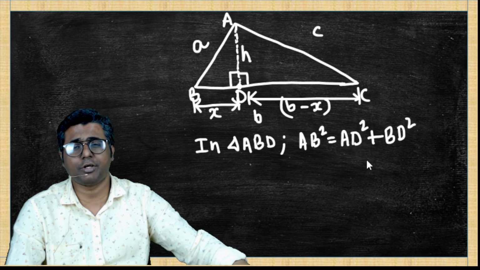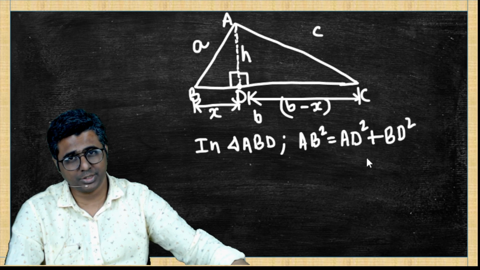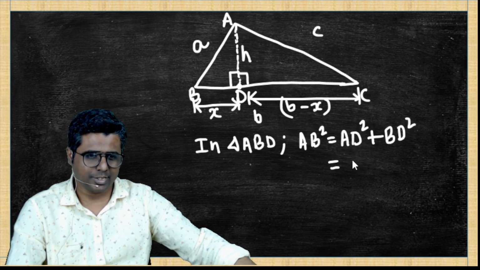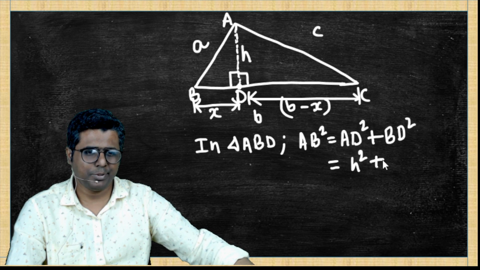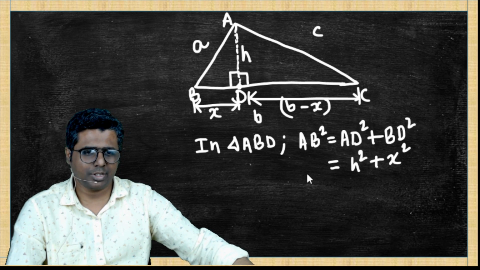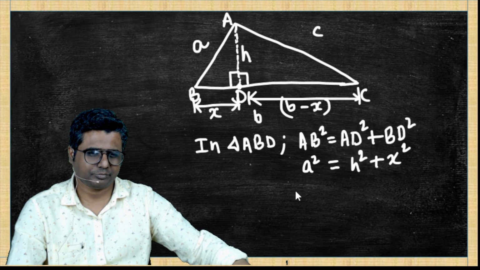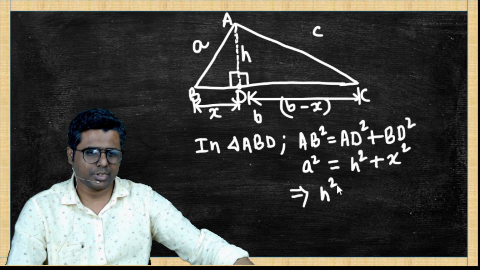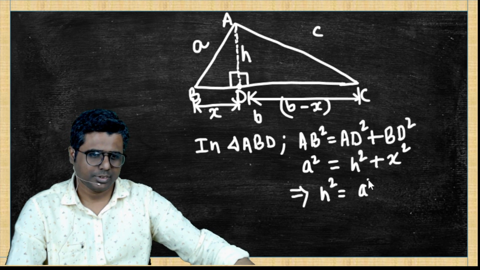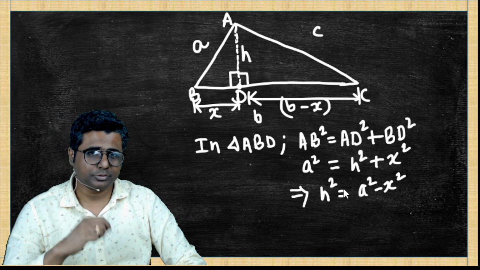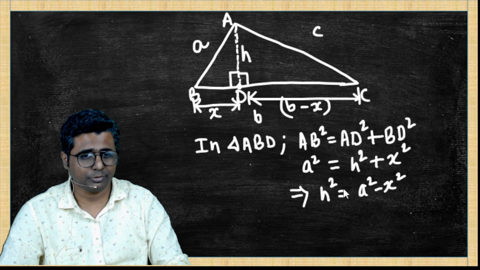I hope every one of you is agreeing with me on this. So AD square is h square and BD square is x square. AB square is a square. So here I can easily find h square is equal to a square minus x square. Understood, everybody? Okay, let's go ahead.